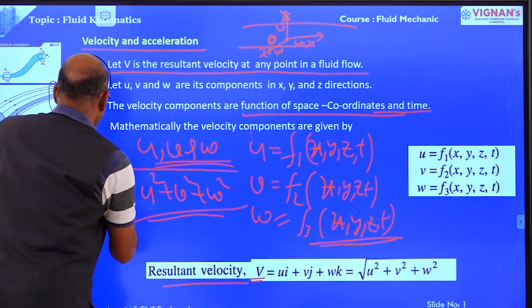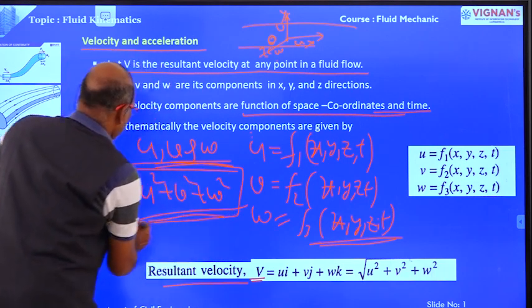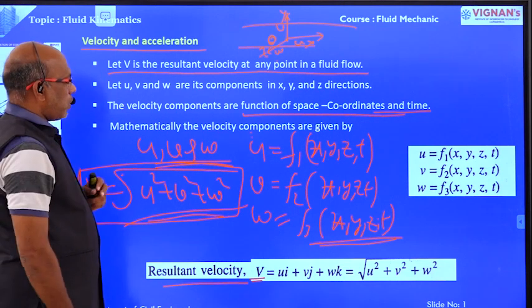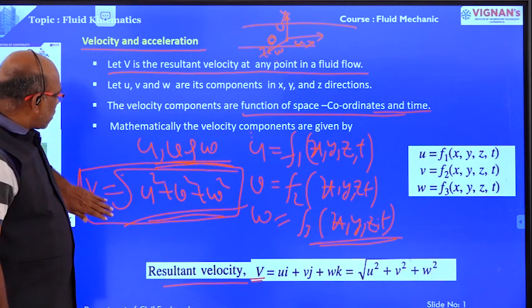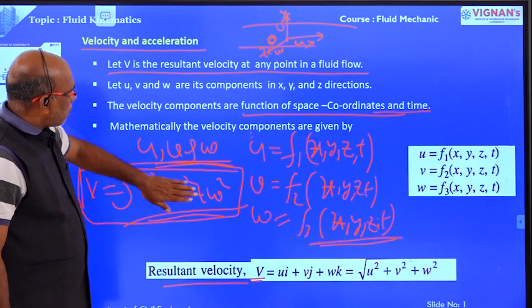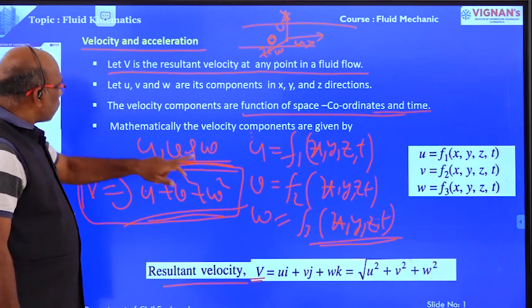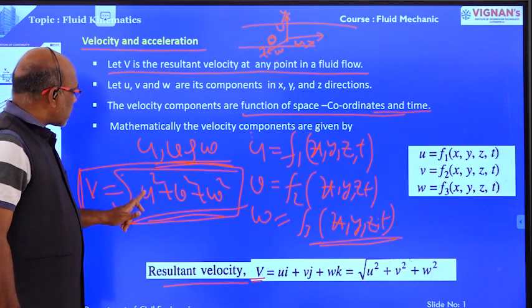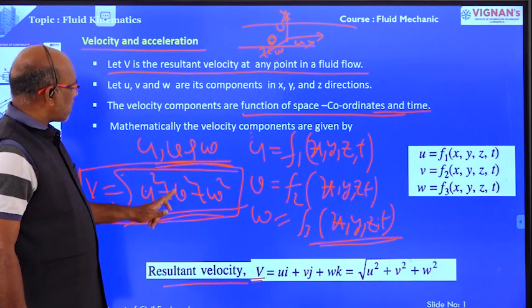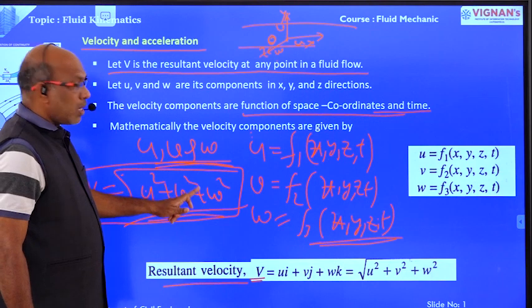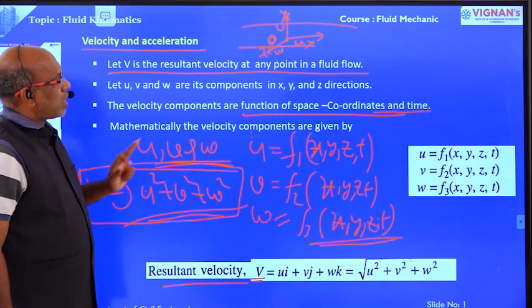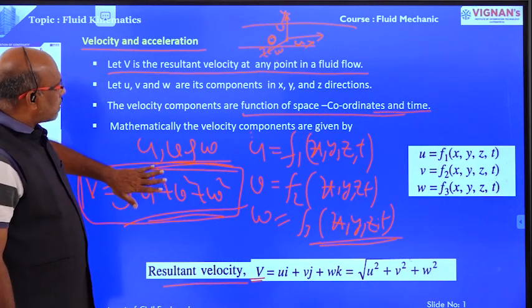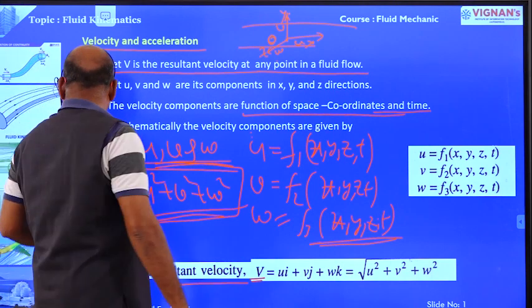This is a very important formula which we are going to use to solve problems. The resultant velocity is equal to the square root of the velocity component in the x direction squared plus the velocity component in the y direction squared plus the velocity component in the z direction squared. This formula is very important. Please remember.